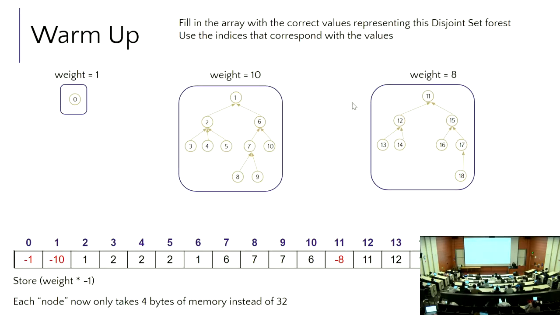So this array representation is super optimal, not only from a runtime perspective, but also from a memory usage perspective. You still have to know the trees. The trees still exist. This is just a representation of the trees.